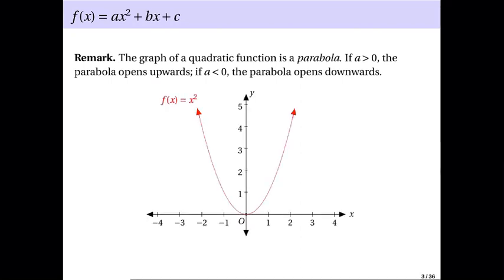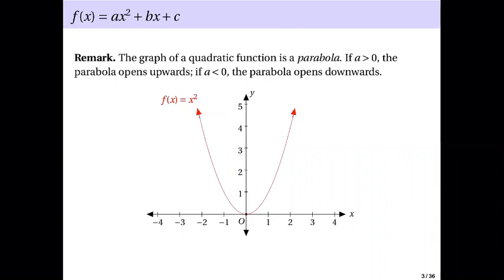Okay? So this is an example of a quadratic function and its graph. We have the function f of x equals x squared. Here you see the coefficient of x squared is 1, and 1 is a positive number. So this is a parabola and it opens upwards.